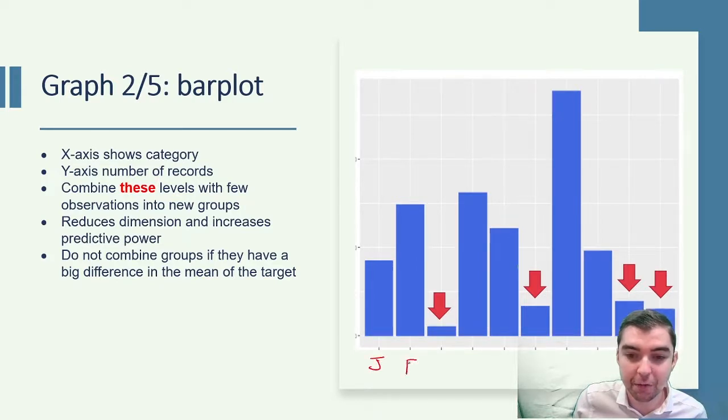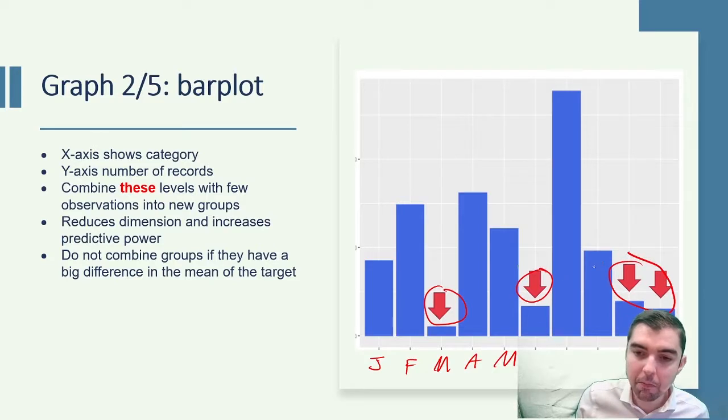This is January, February, March, April, May. And I noticed that these months here only have a few records. I might combine these all together to form a new group called Other, so that when I fit my models, they will have a significant sample size.